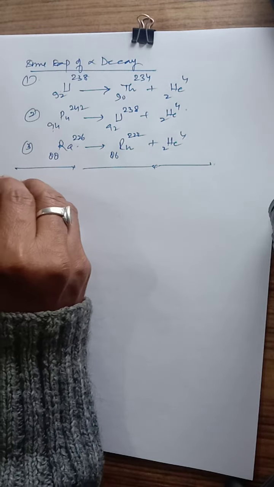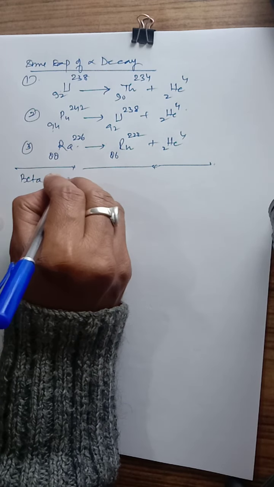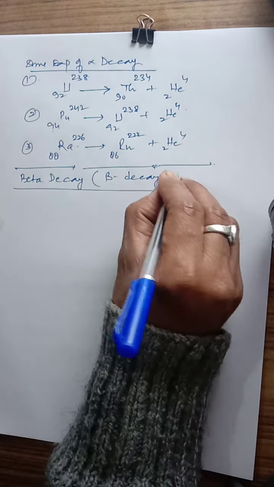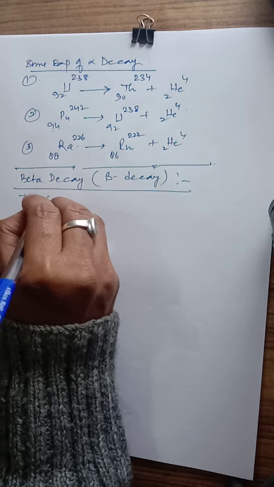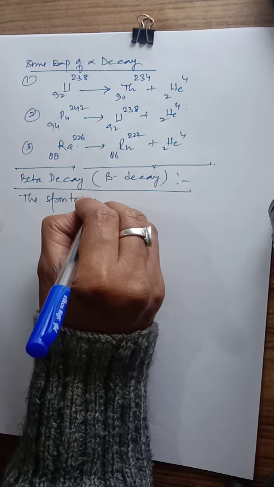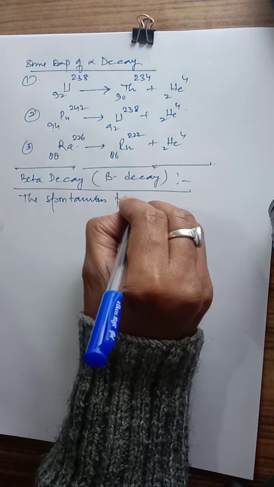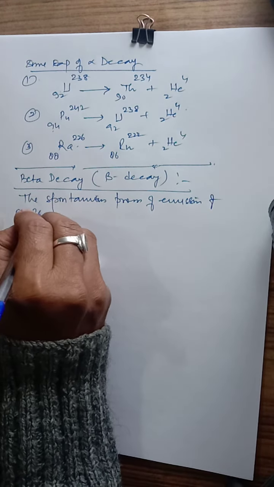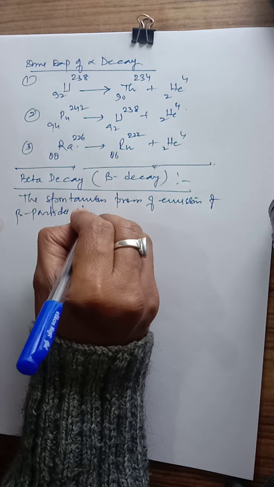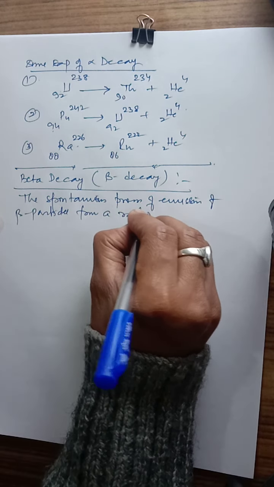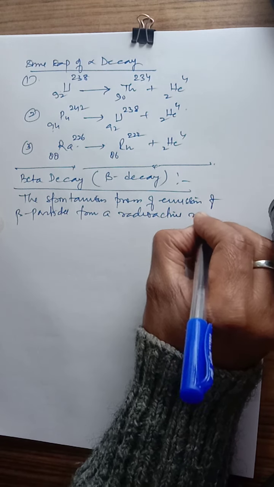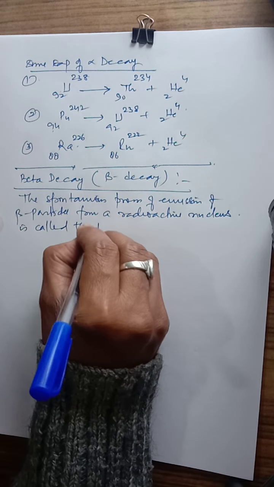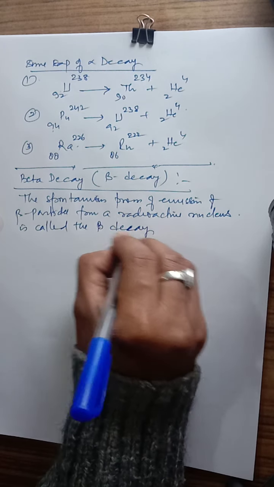Now the second is beta decay. The definition is the spontaneous process of emission of a beta particle from a radioactive nucleus, which is called beta decay.